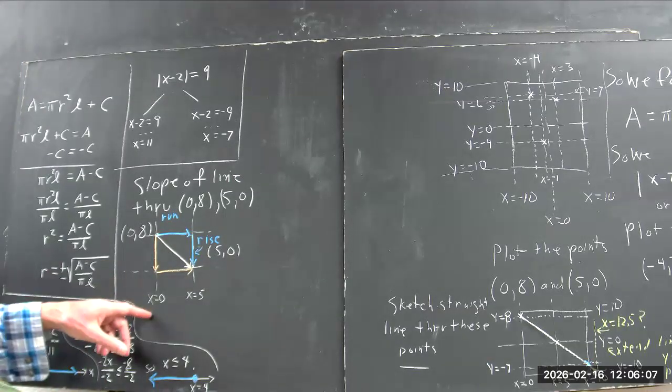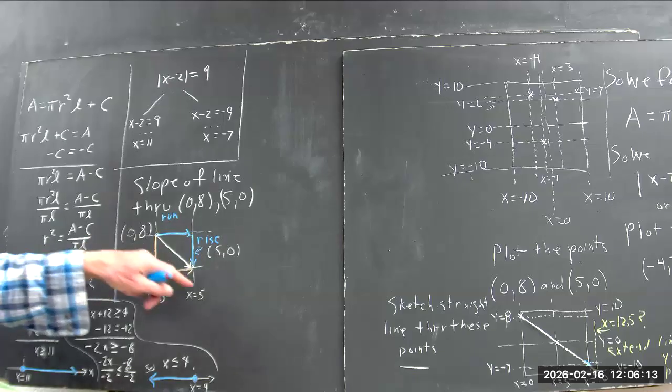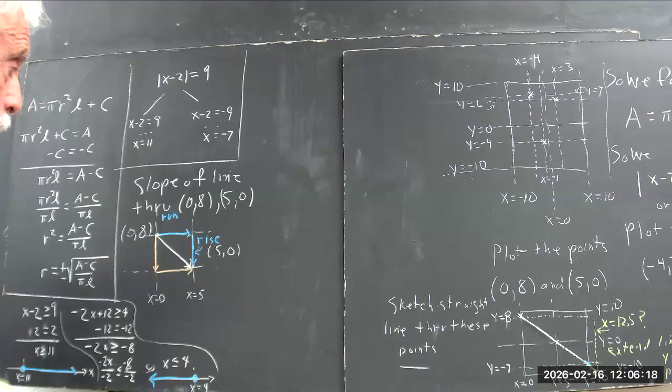Now, how far is it from the x equals 0 line to the x equals 5 line? It's clearly 5. So I do kind of recommend drawing and labeling the x and y arrows for 2 points if you're trying to find the slope.